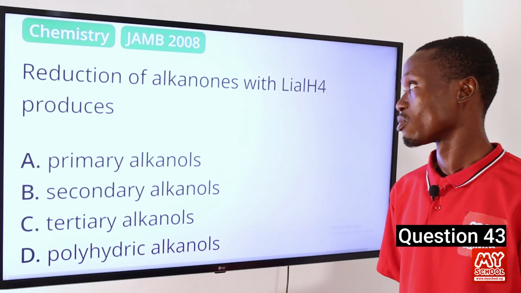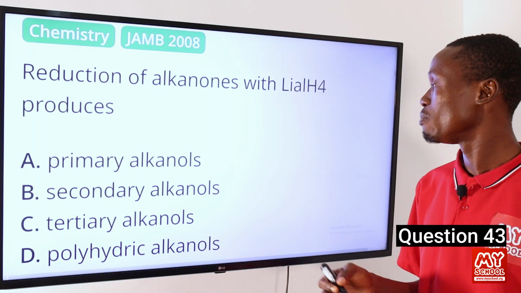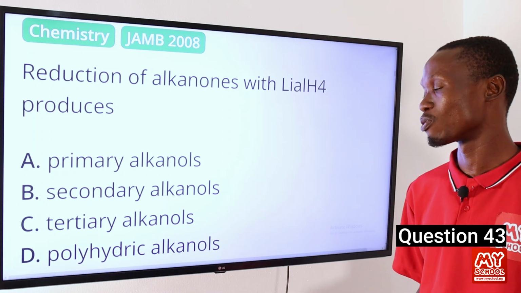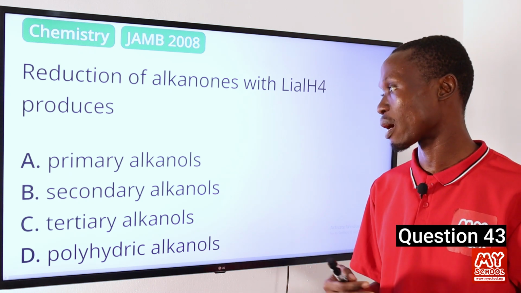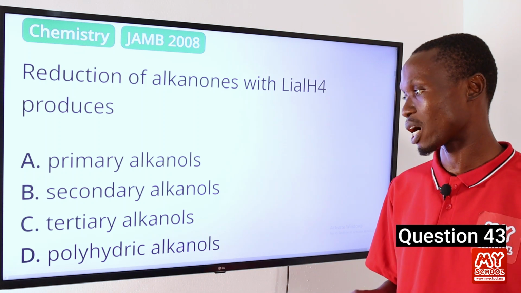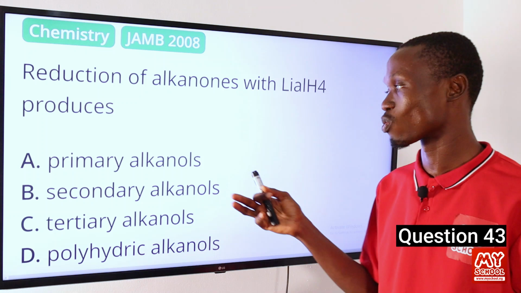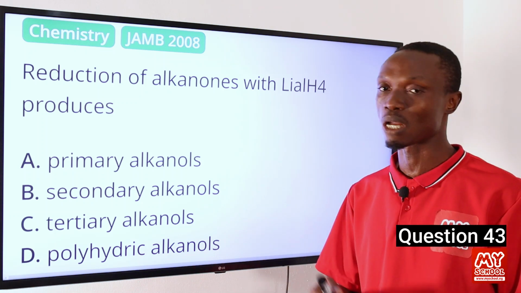Question 43. Reduction of alkanones with lithium aluminium tetrahydride produces A, primary alkanols, B, secondary alkanols, C, tertiary alkanols, D, polyhydric alkanol. The answer to this question is B, secondary alkanols.